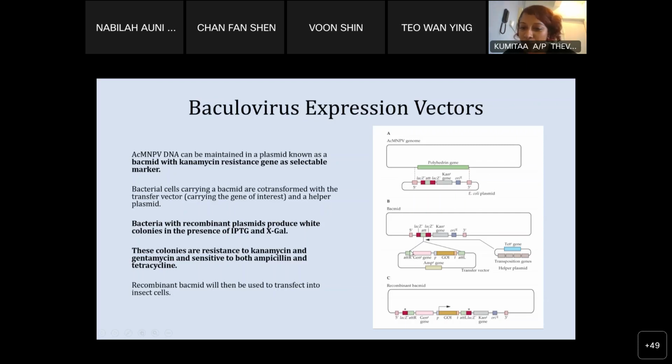Again, you see the homologous regions, shown in green, together with the helper plasmid. What ends up happening is that your kanamycin resistance gene and your gene of interest are transferred in between your LacZ areas. It is pretty similar to what we saw in the slide before. It's just that this one has one extra step.